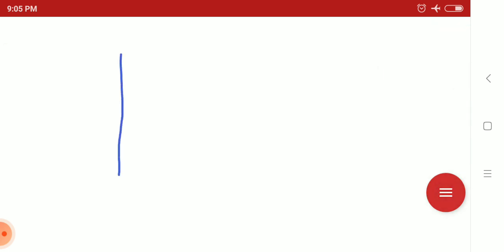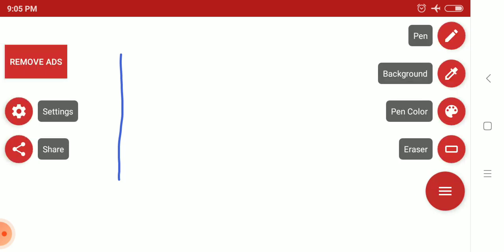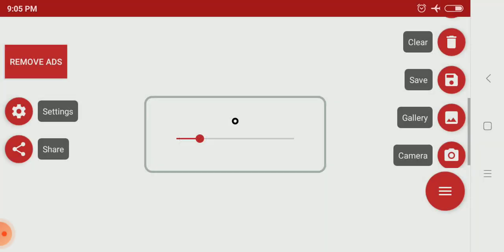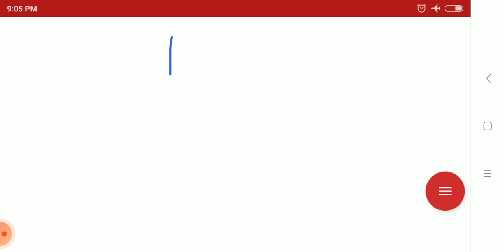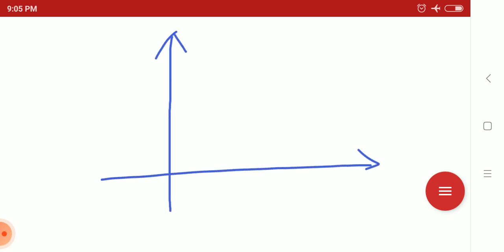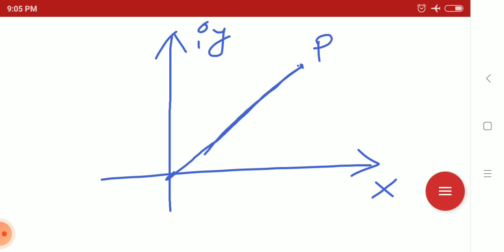If you have a complex Argand plane, let me draw it clearly. We have the Argand plane, x + iy, and we draw a point P here, whose coordinates are (x, y).